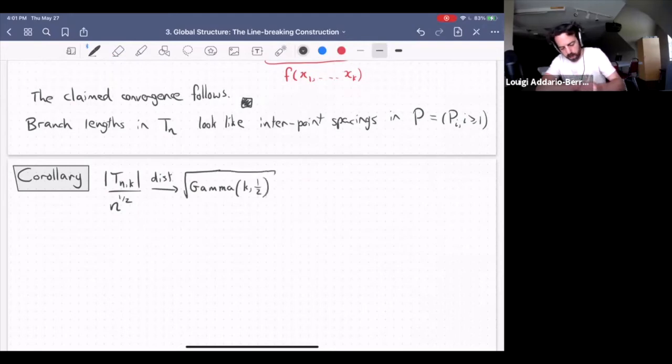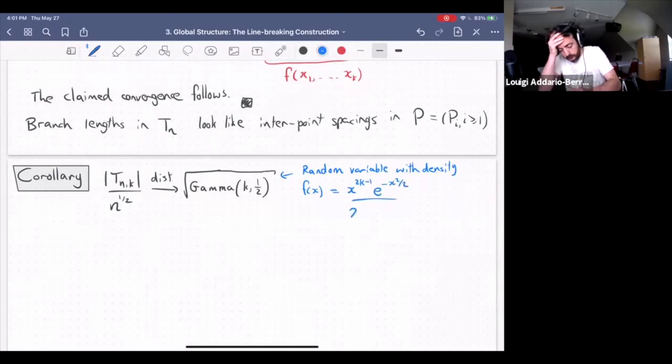Okay, so I'll just tell you exactly what this means. It's a random variable whose density is given by x to the 2k minus 1 e to the minus x squared on 2, divided by 2 to the k minus 1 factorial, on the non-negative line.